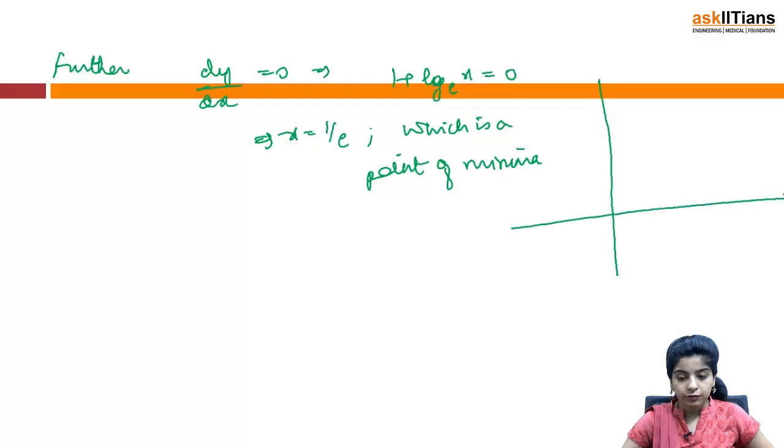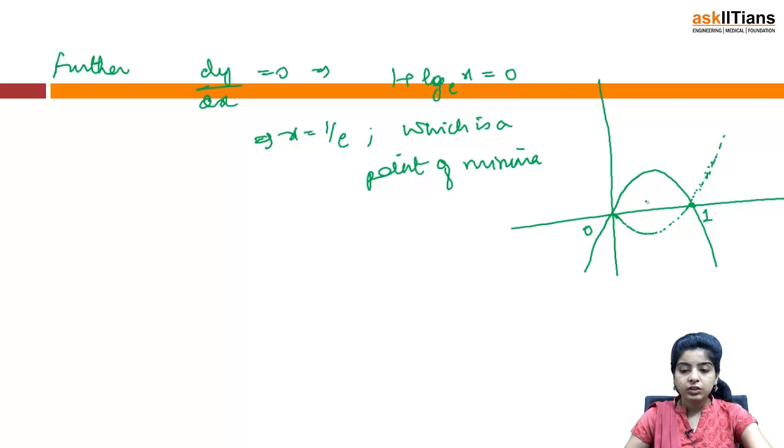This is the curve, then we'll have something of this form, right? And then this is my curve, right? This is 1, this is my origin. So this is what I have.